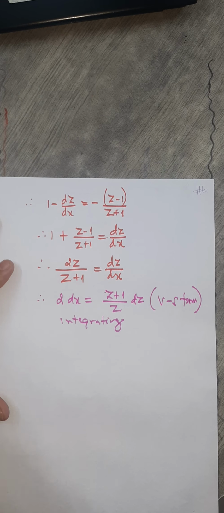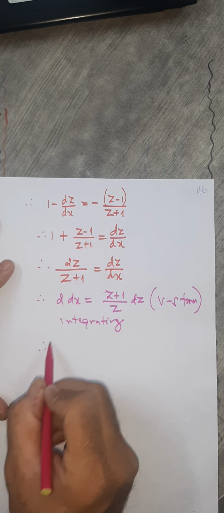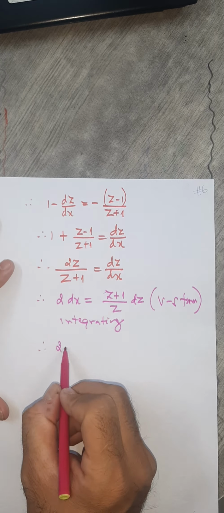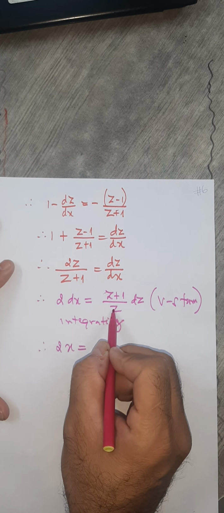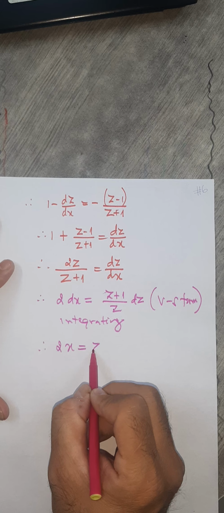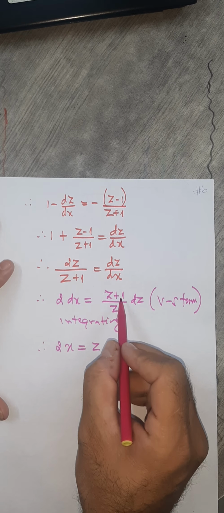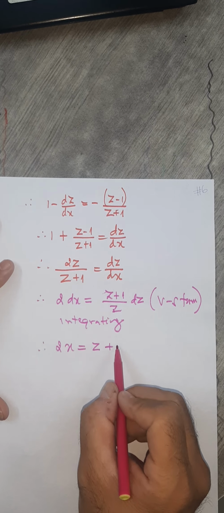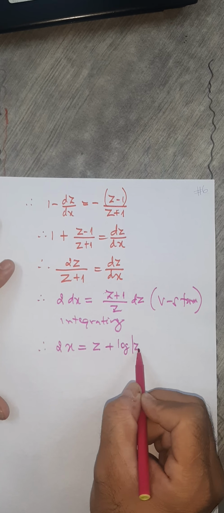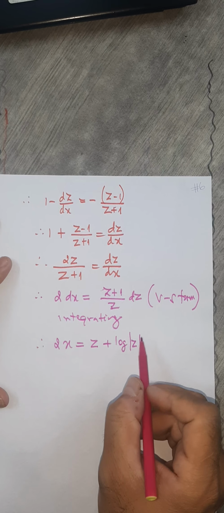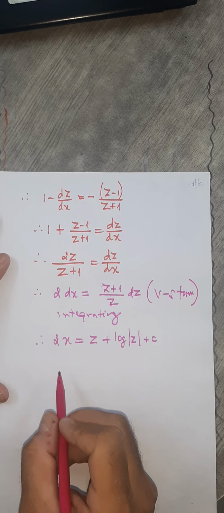Integration will not be a difficult task because here this is just the integral of 1, which is x. Z upon z, integral of 1 is z. And what about this? Plus 1 upon z, that's log of mod of z, plus the constant of integration, which is c.